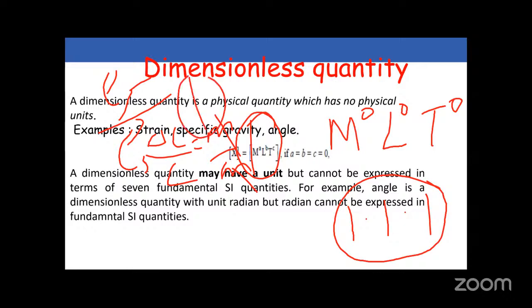So again, the unit is 1. Dimensionless quantities are quantities that have a unit of 1 or no physical units. Angle is another dimensionless quantity.